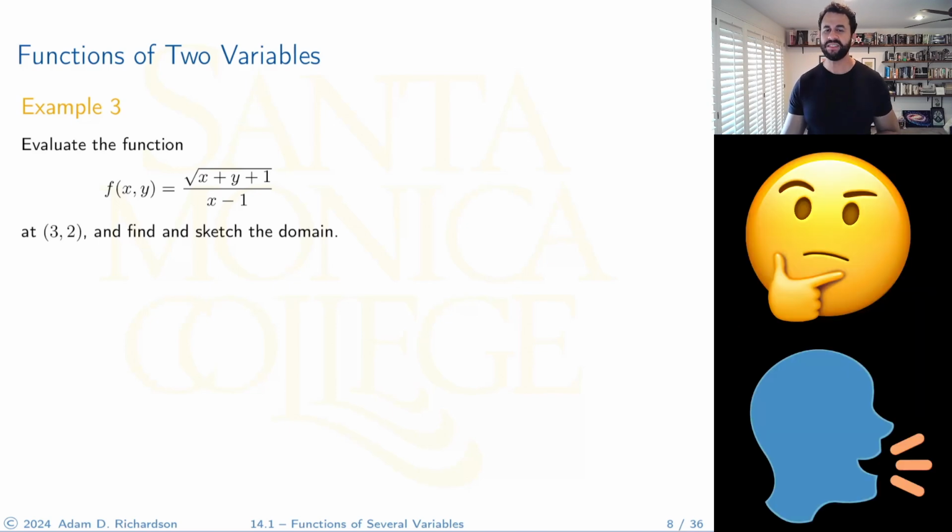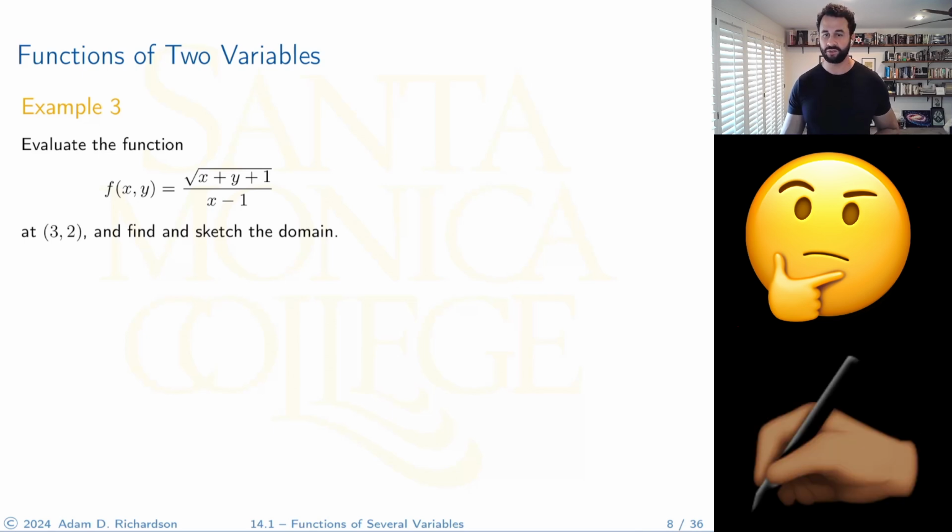Say something out loud about how you would evaluate the function. Now try to do it on your own. Try to evaluate the function and then see if you can sketch the domain. A quick hint: remember the domain is going to be a region in R2, in the xy plane.